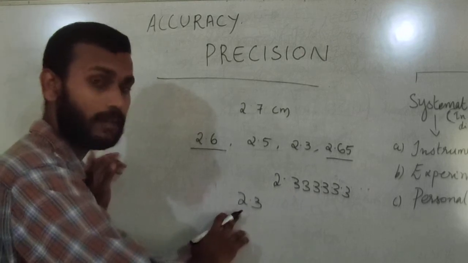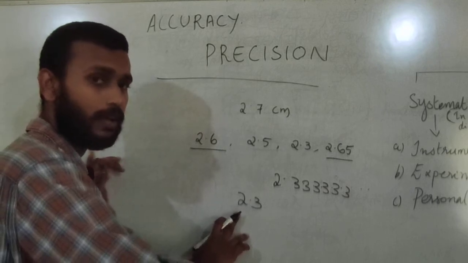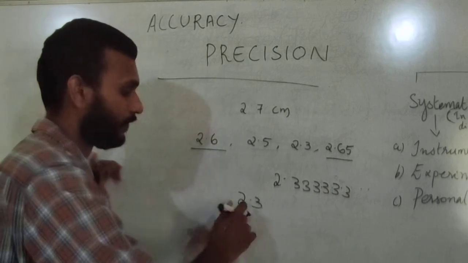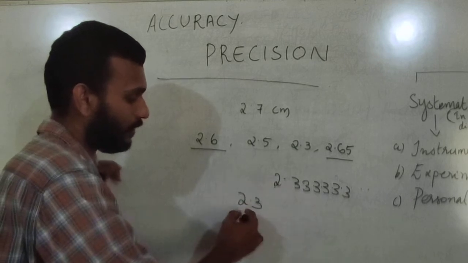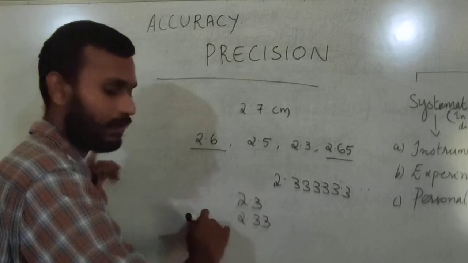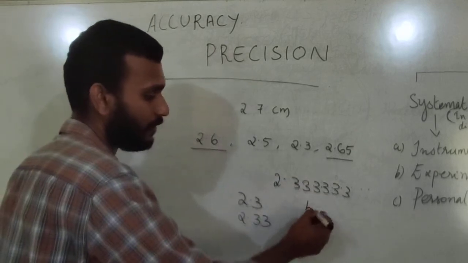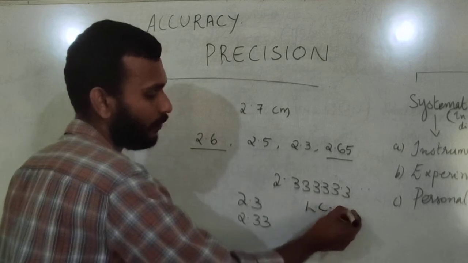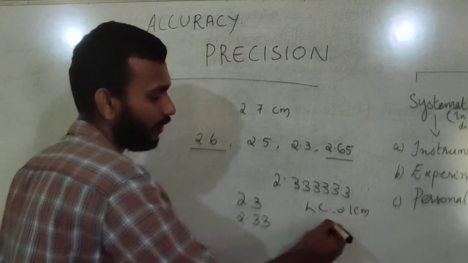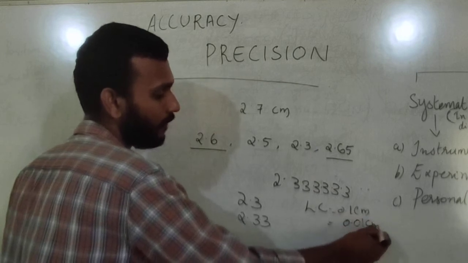Suppose you measure the same material with a vernier caliper, then the value will be 2.33, isn't it? Because the least count of a centimeter scale is 0.1 centimeter, whereas that of the vernier caliper is 0.01 centimeter.